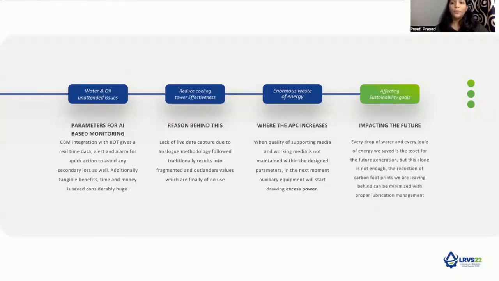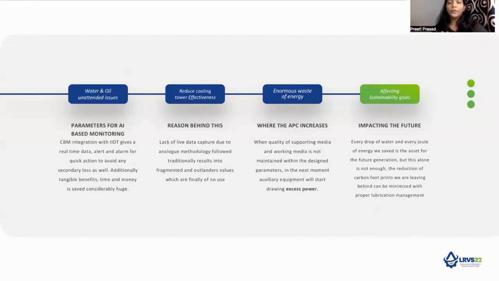Now you know that the sustainability goal is in every section, whether it is power operations, maintenance, or any section, or any product that is manufactured. The sustainability word is new and it is very vital.